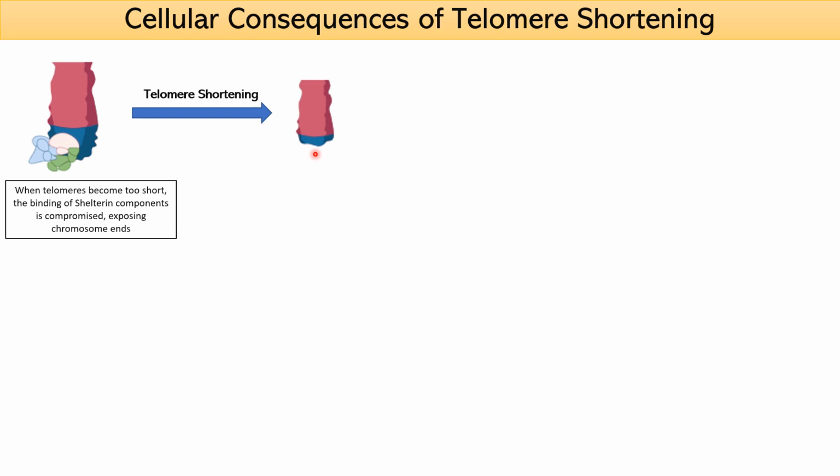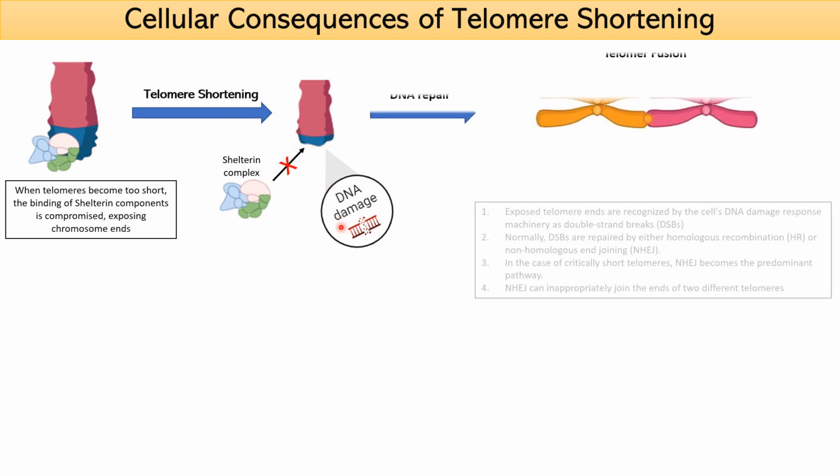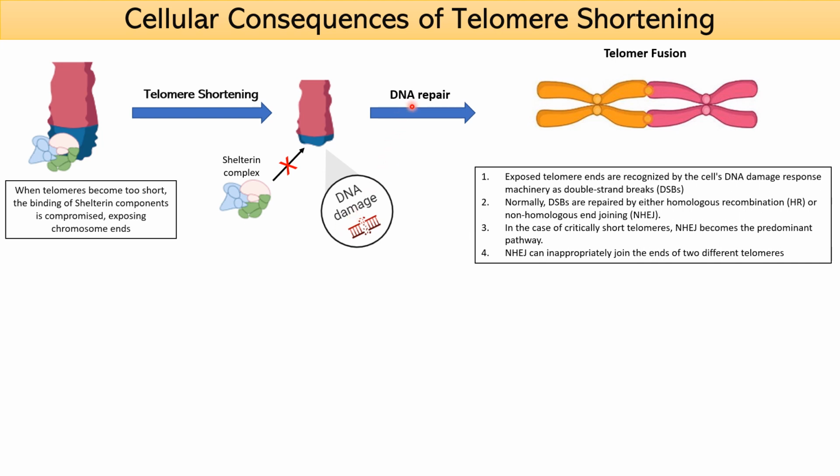When the telomere has a normal length, specific proteins such as the shelterin complex can bind to the telomere and protect it from being recognized as a double-stranded break. However, when the telomere is too short, these protein complexes cannot bind to the telomere, and therefore it is going to be recognized as DNA damage.